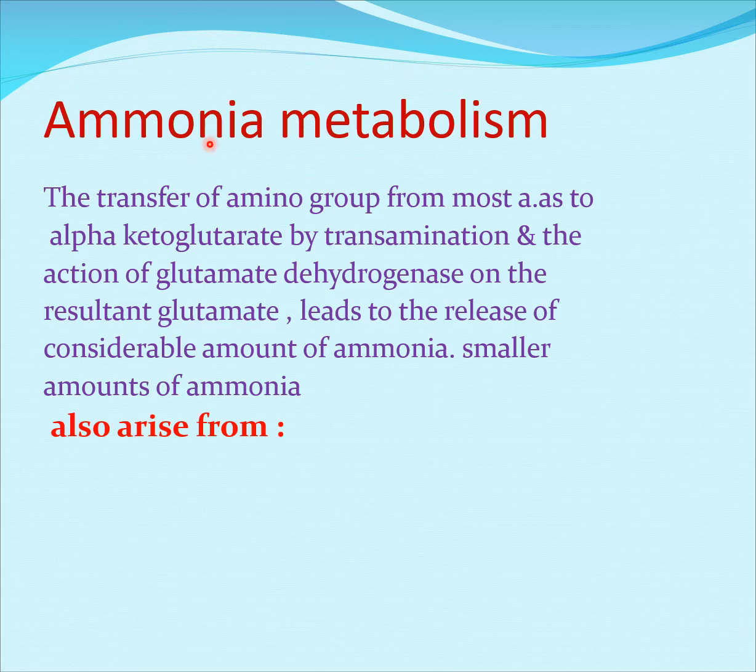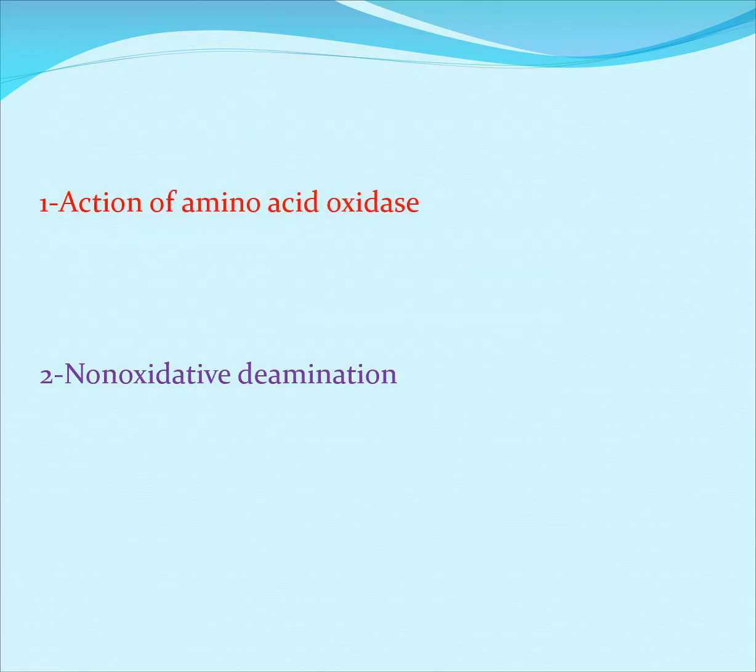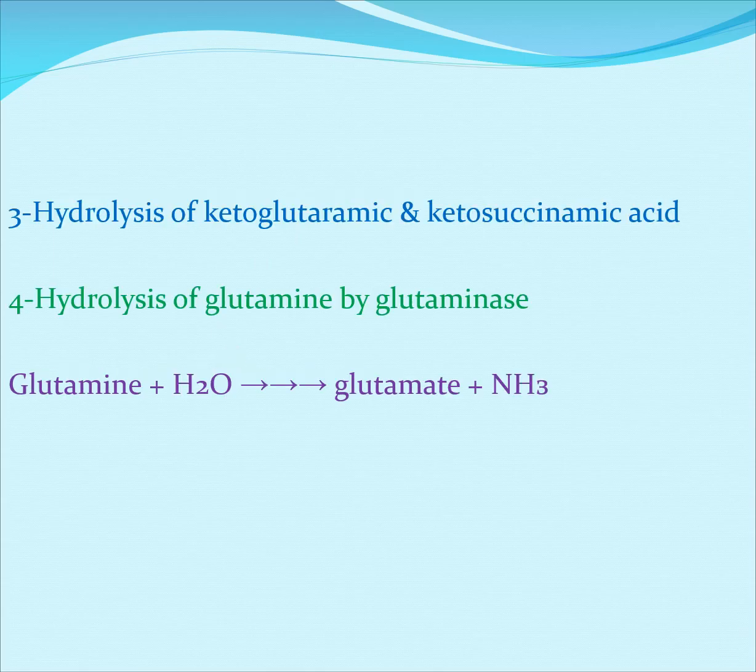So ammonia may arise from different processes. From the action of amino acid oxidase, which we spoke about in the intestine, amino acid oxidases result in the direct production of ammonia. From non-oxidative deamination, from hydrolysis of alpha-ketoglutaramic acid and alpha-ketosuccinamic acid, this is not very important, and from hydrolysis of glutamine by glutaminase.